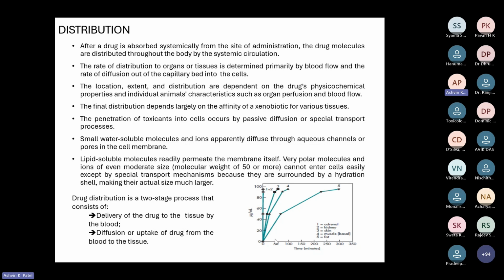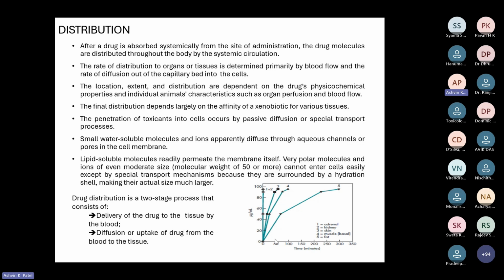Small water-soluble molecules and ions apparently diffuse through the aqueous channels in the cell membrane. The lipid-soluble molecules rapidly permeate the membrane itself. Very polar molecules and ions of even moderate size cannot enter the cells easily except by a special transport mechanism.